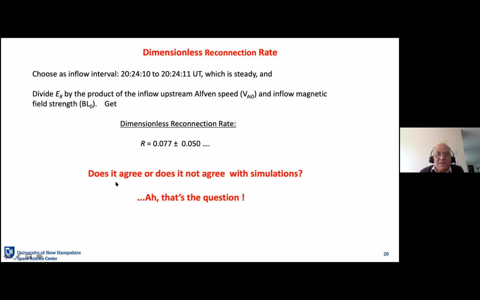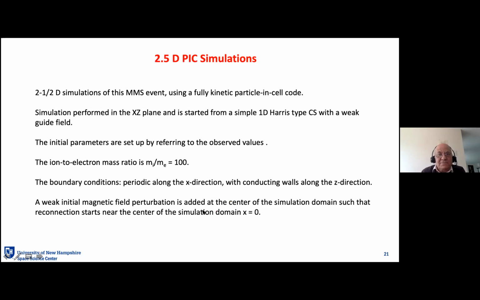But the point is, does this agree or does it not agree with the simulations? That is the question. And we have to be careful and perhaps a little bit patient. So here we have the 2.5D PIC simulations. I will just go quickly through this part. Fully kinetic particle in cell, of course, performed in the XZ plane, which for us is like the LN plane.